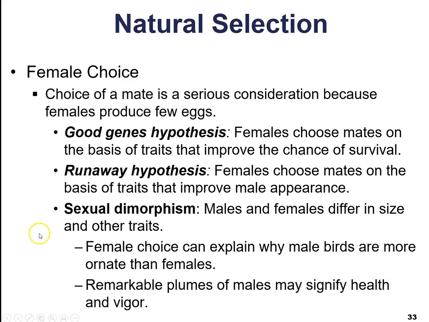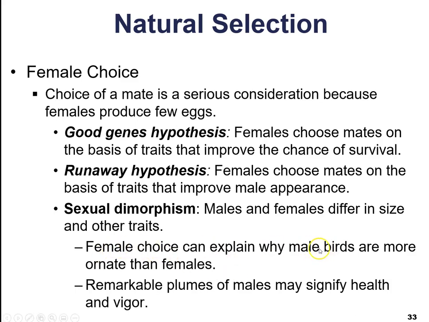So it says here, for the good genes hypothesis, females choose mates on the basis of traits that improve the chance of survival. For the runaway hypothesis, females choose mates on the basis of traits that improve male appearance. There's something called sexual dimorphism, where males and females differ in size and in other traits. You see this all the time in different species of animals.